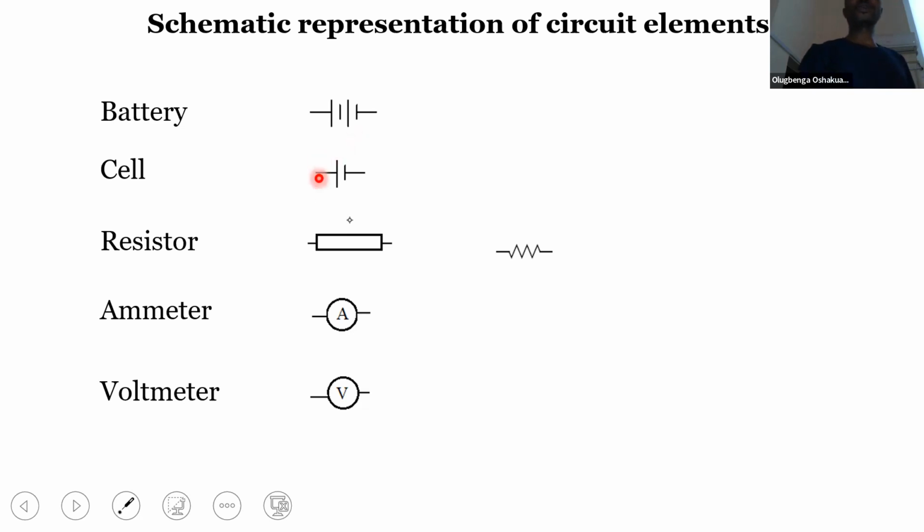It looks like a cell, but the heights of the two vertical lines are equal. The fact that the vertical lines are equal passes a message: they are parallel plates containing equal and opposite charges. Unlike a cell, you have high potential at one terminal and low potential at the other terminal, which allows current to flow.